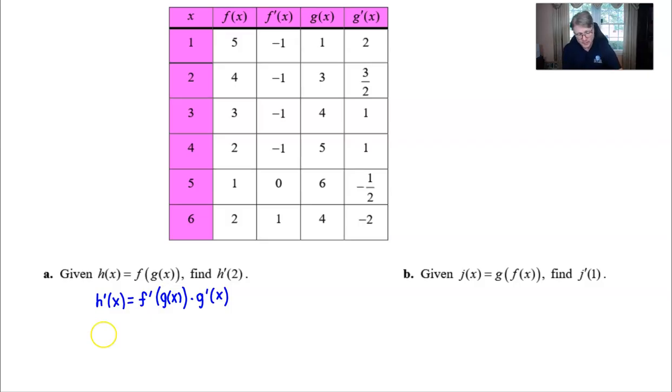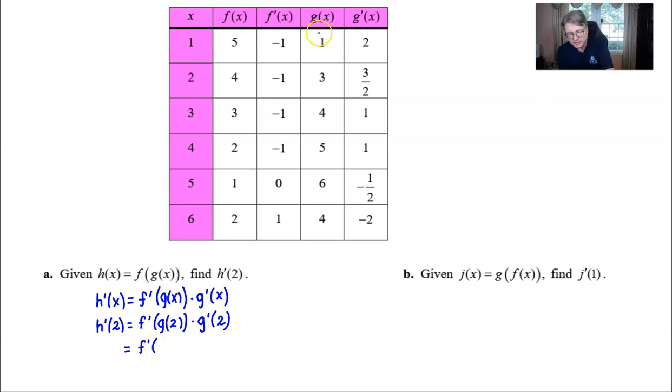And that's going to be your derivative. Now, to evaluate this at 2, all we need to do is replace each of the x's that we see in that expression with our number 2. And if all goes well, we should be able to extract those values that we need from the table. So if we just go left to right, f prime stays as is, and then we see this g of 2.